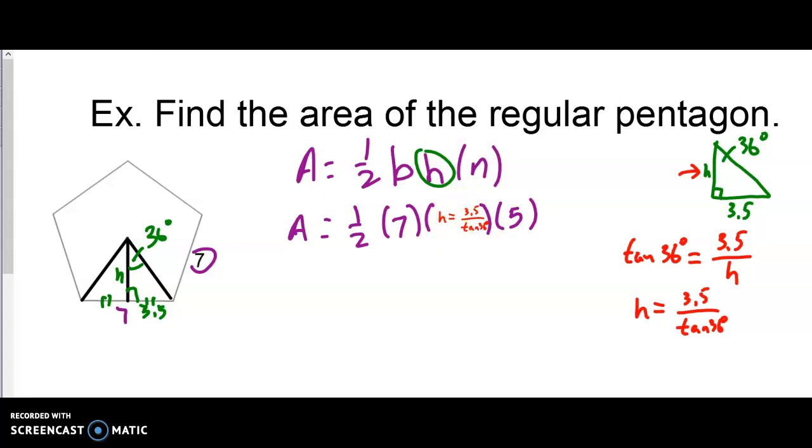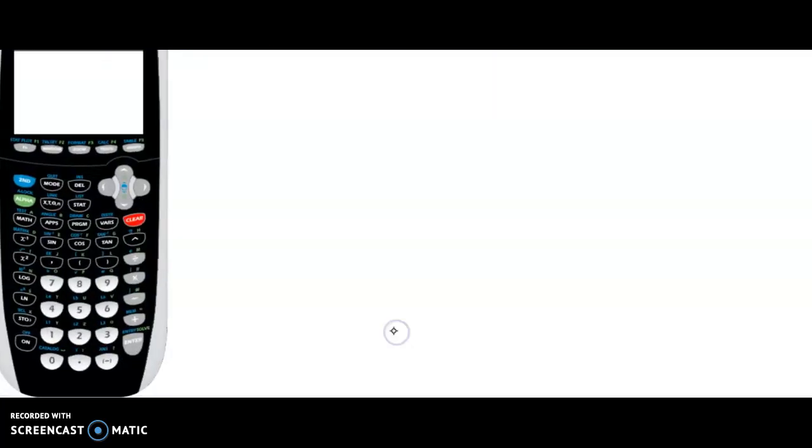In my calculator, I've got 1/2, so 0.5, times the base, which was 7, times 3.5 divided by the tangent of 36 degrees, and then times however many triangles I have, which was 5.